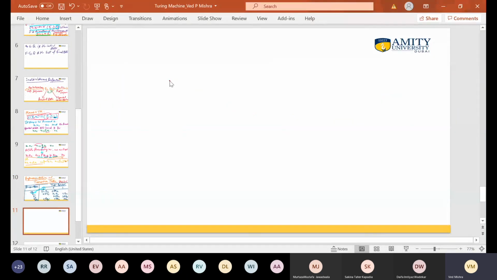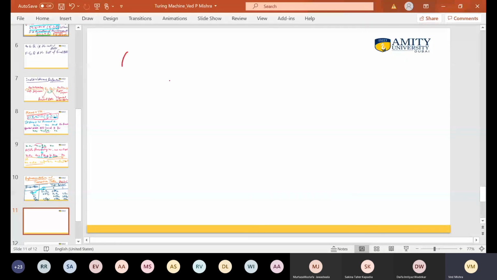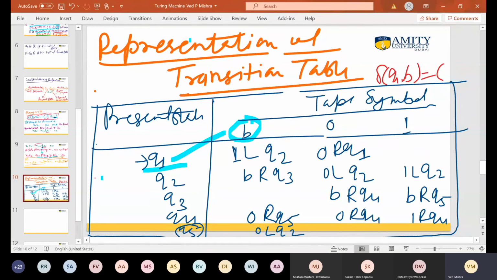Suppose we are writing delta Q1 B. Q1 is becoming what? Q2.